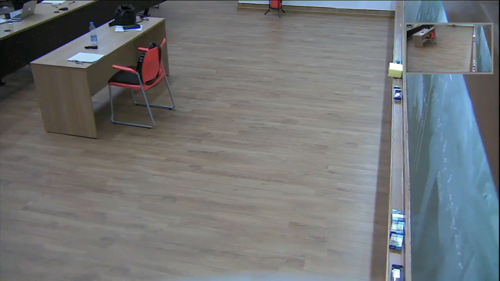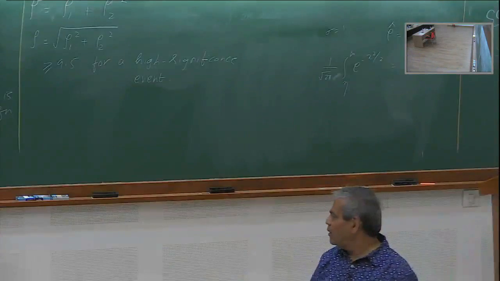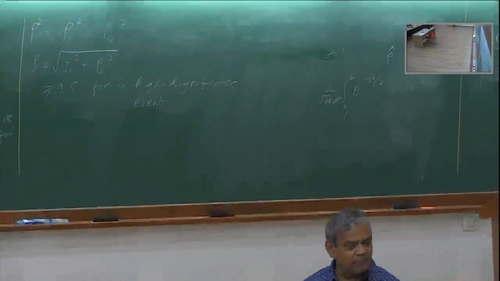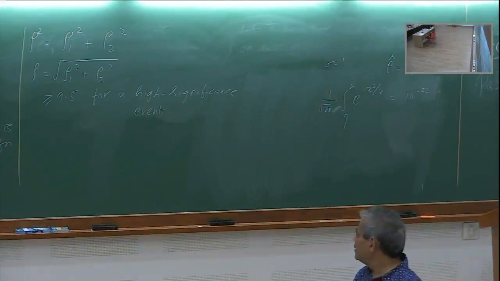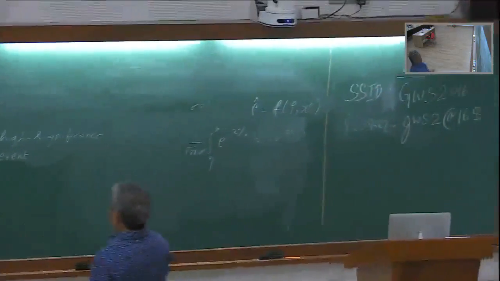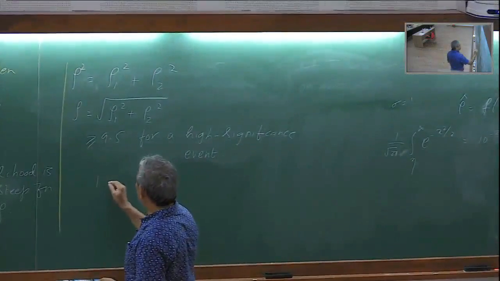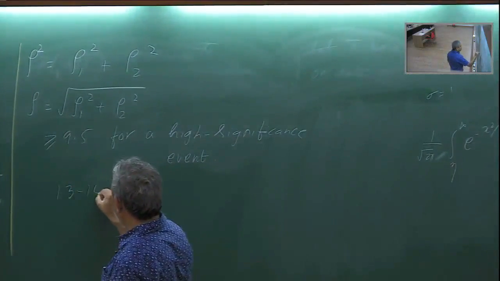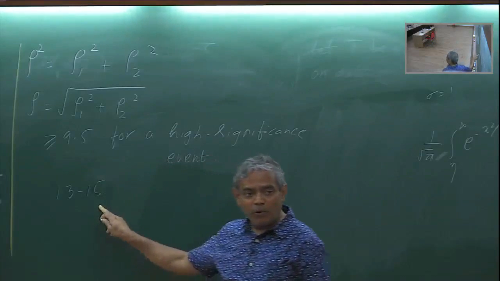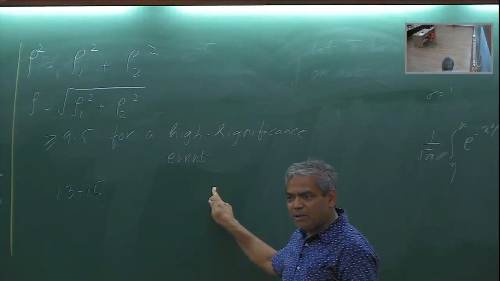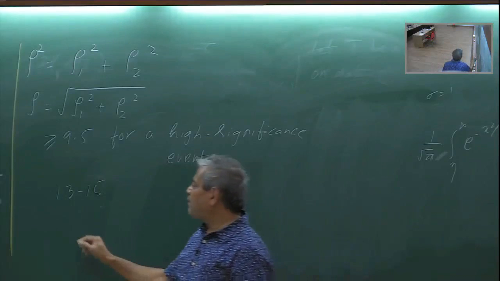I should use the remaining time to go back to parameter estimation and Bayesian theory, unless there are some questions. Our second event had a signal to noise ratio between 13 and 15, depending on how you compute it, and that's what gives us a 5 sigma event.